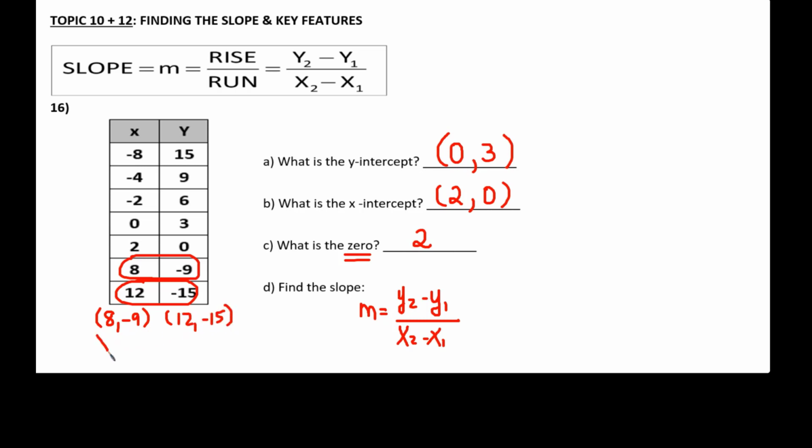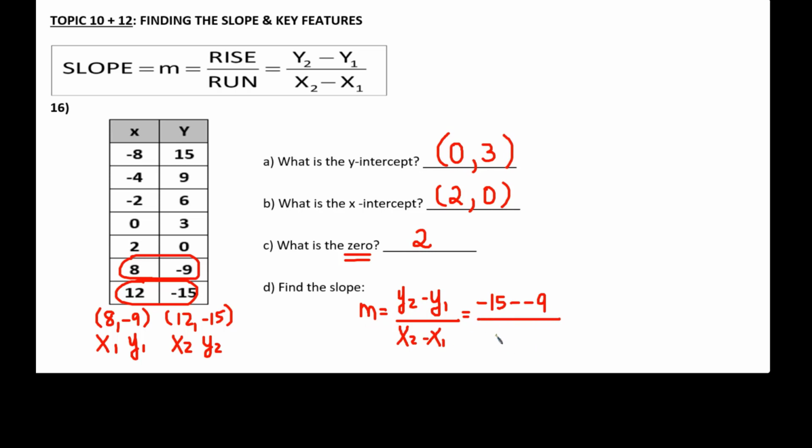First thing I'm going to do is label the points: x1, y1, x2, y2. Now that I picked, I plug it in the formula. So y2 is negative 15 minus y1 is negative 9. Please notice that there are 2 negatives there. One came from the formula, and one came when I plugged in y1.